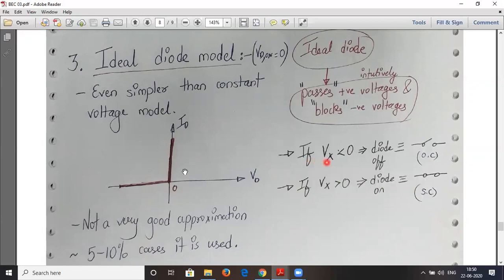And whenever the anode voltage is less than the cathode voltage, the diode is turned off and it will be replaced by an open circuit. So it's a very, very simple model. It's not a very good approximation, and it's used for very few cases. Basically, an ideal diode will pass positive voltages as they are, and it will block negative voltages.